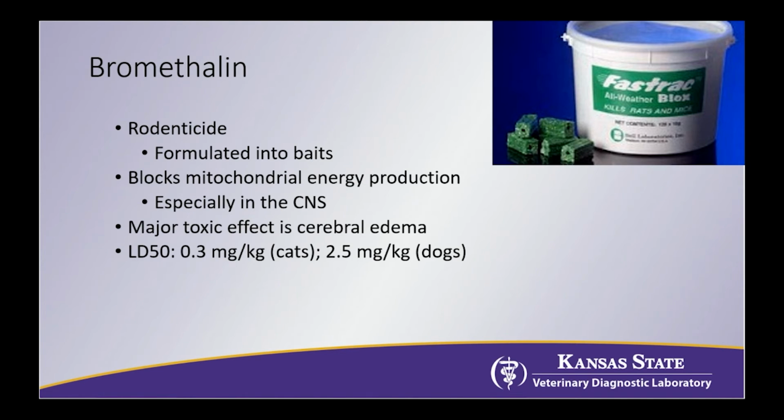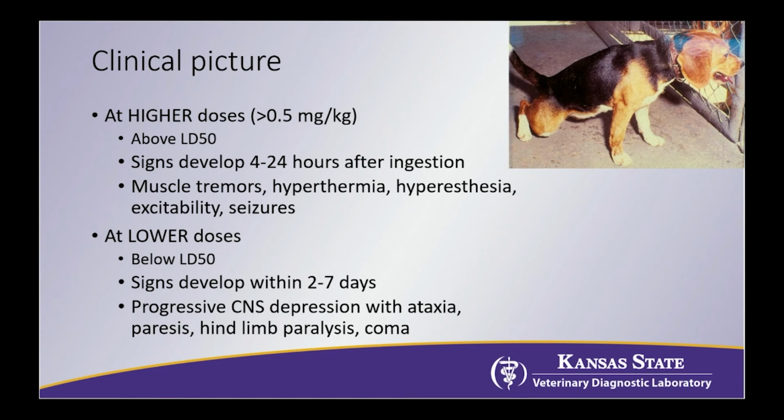Again, bromethalin is the one that was engineered to first replace these anticoagulants. It's a CNS toxin. Cats are more sensitive. You can see 0.3 mg per kg LD50 in a cat, so they're a lot more sensitive than the dog at 2.5. But the CNS damage, we don't have any specific antidote for, so it's supportive therapy.